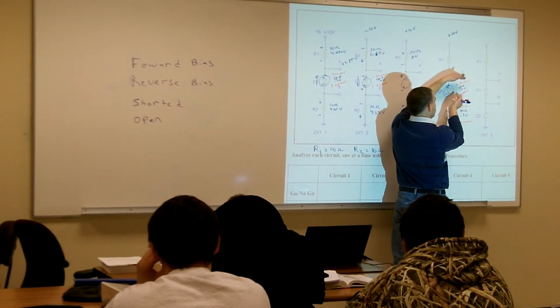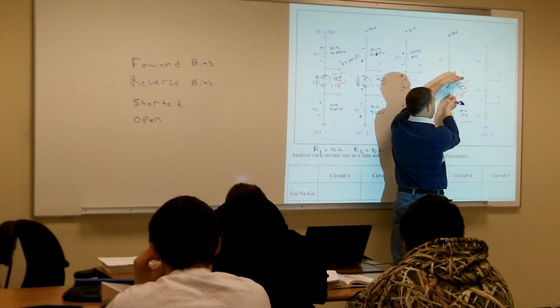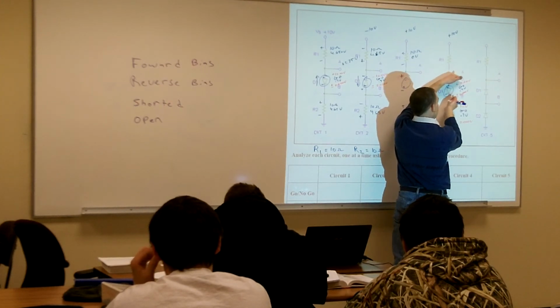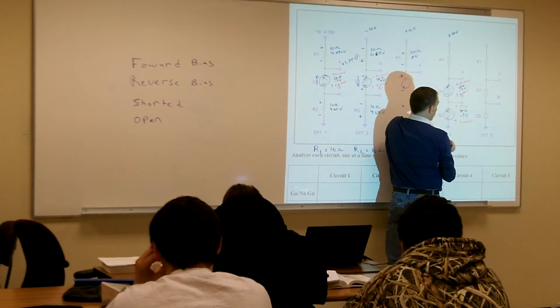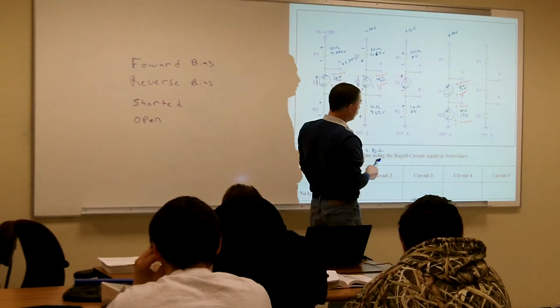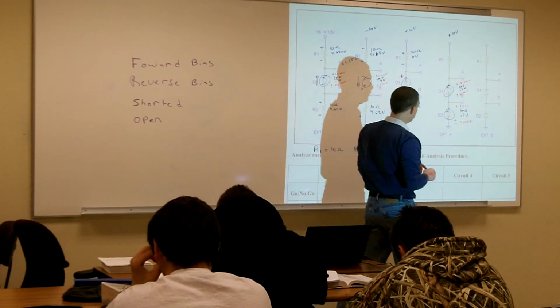It's going to treat it as an open, and it's going to get my source voltage, and then that diode's going to turn on nanoseconds later, and then drop to 0.7. So we're analyzing it the same way that these diodes are actually working.